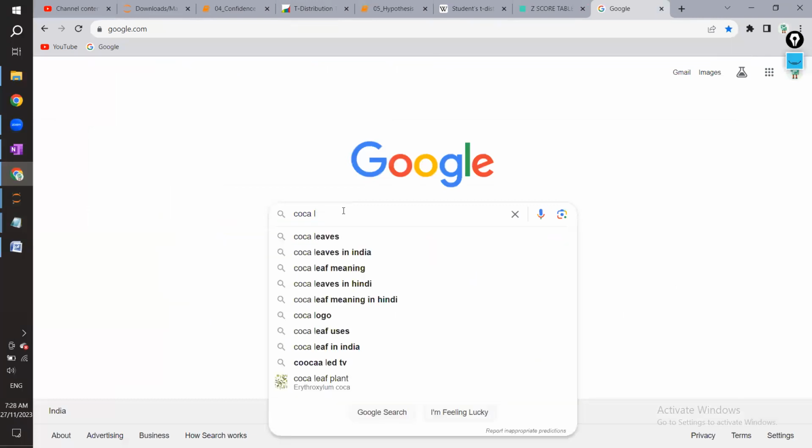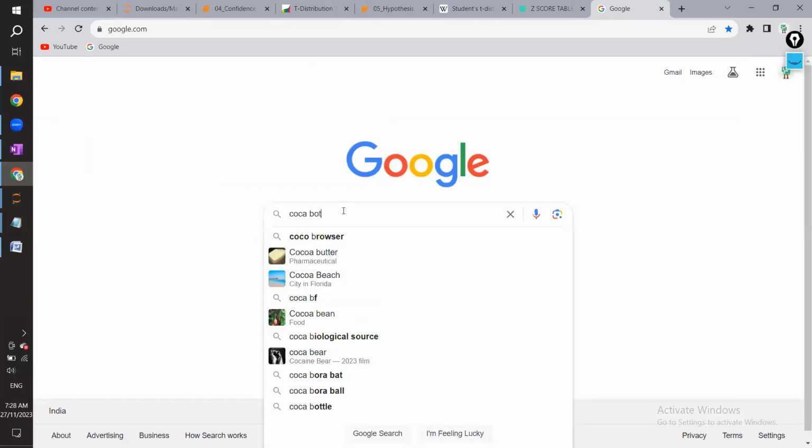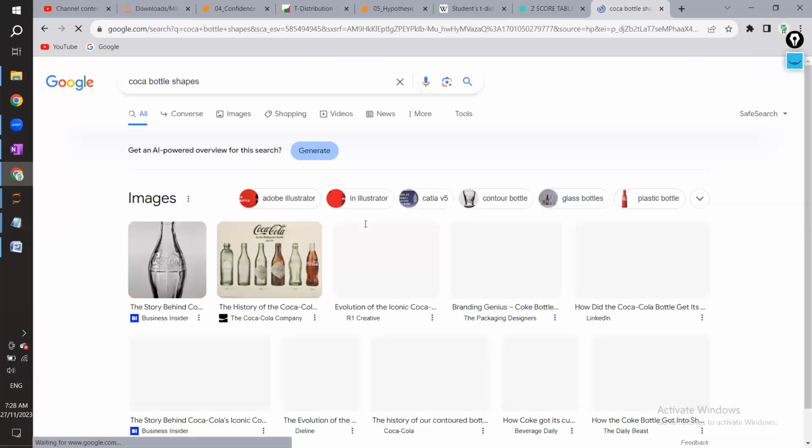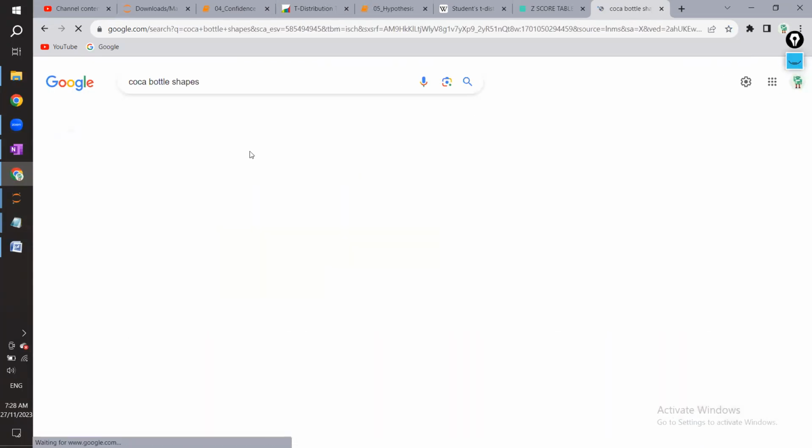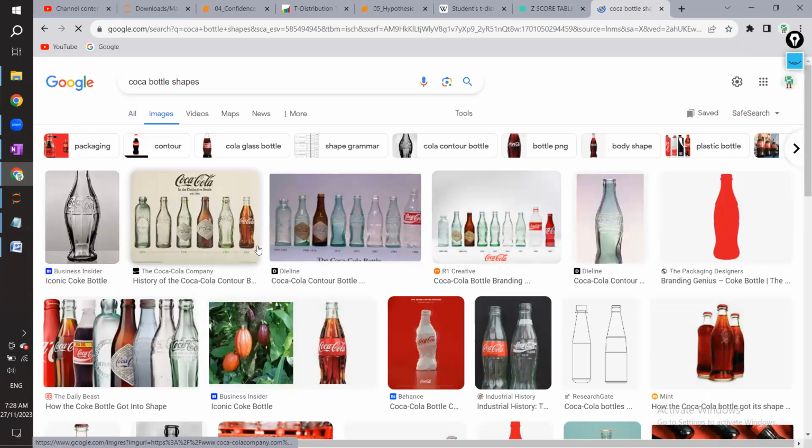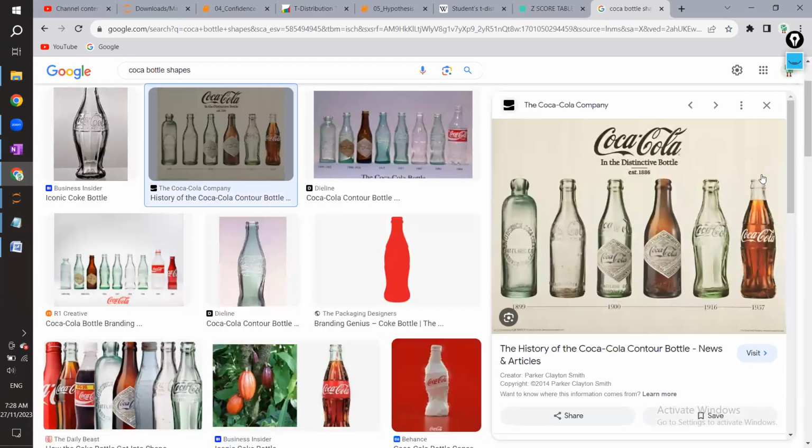Take Coca-Cola bottle shapes. See, the one which you are drinking actually is this one. Agree? But this is an evolution of the Coca-Cola shapes.